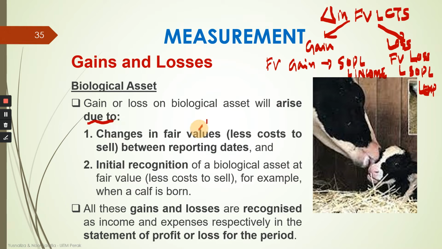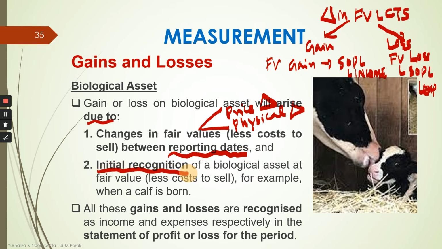When we talk about changes in fair value here, it is either due to price changes or due to physical changes. And this is going to be done by comparing between different reporting dates. So you may have a gain or loss between different reporting dates, as well as a gain or loss on initial recognition of a biological asset.